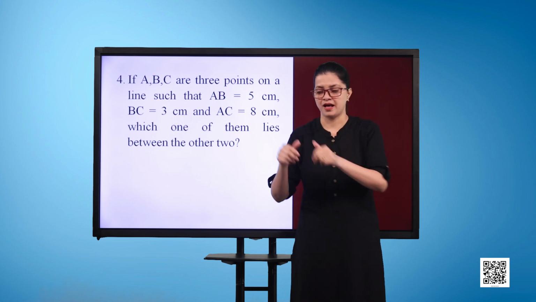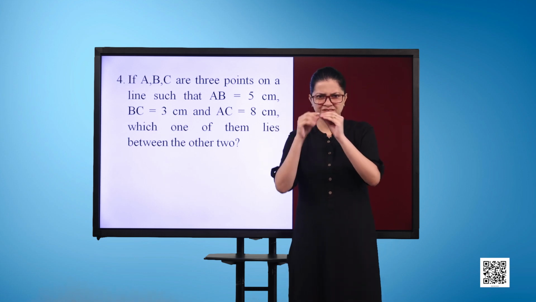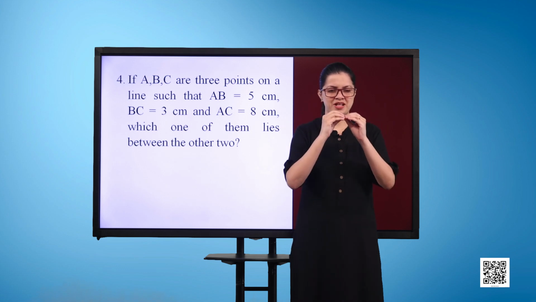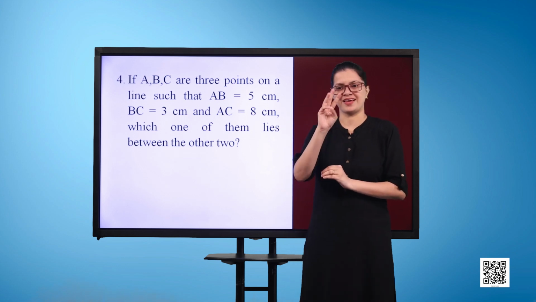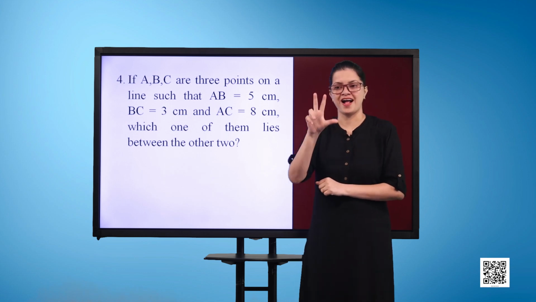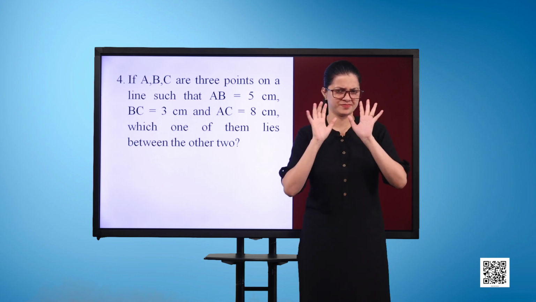If A, B, C are 3 points on a line such that AB is equal to 5 centimeters, BC is equal to 3 centimeters, and AC is equal to 8 centimeters, which one of them lies between the other two?